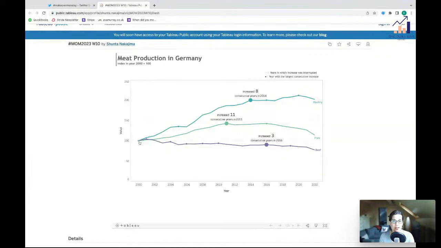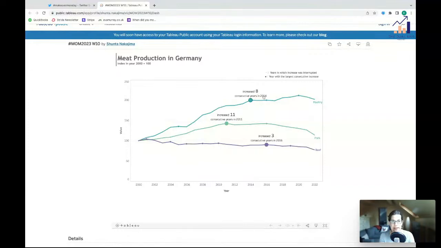Nobody tells me we are looking at the increase in meat production across different types of meat, comparing every year back to the year 2000. I also don't know what the increase is because there is no tooltip. I can guess that this is about 140 compared to 100, so a 40% increase, but I don't see the value. While at first glance it looks like a really neat Viz, there's a lot of information missing that would make this a lot better.